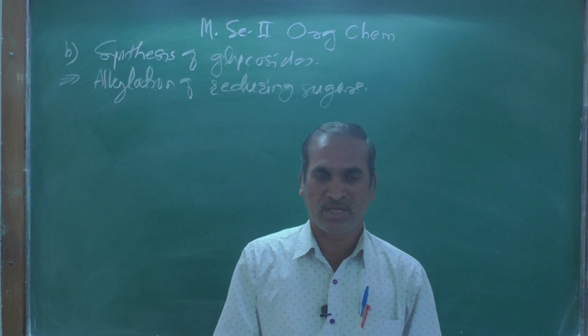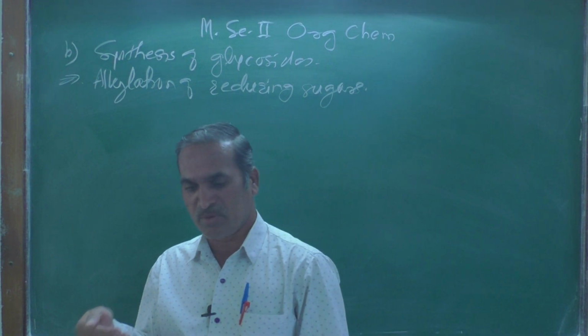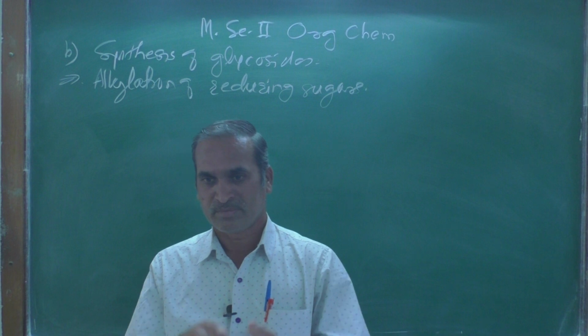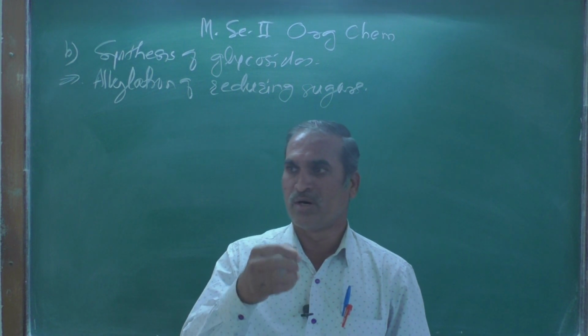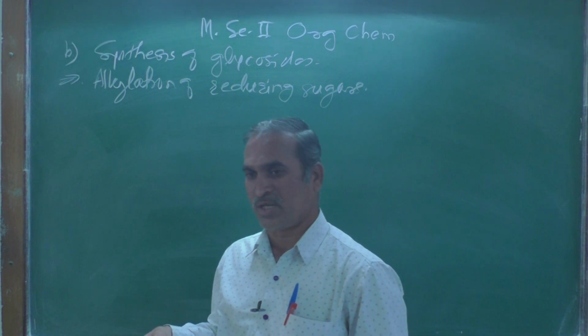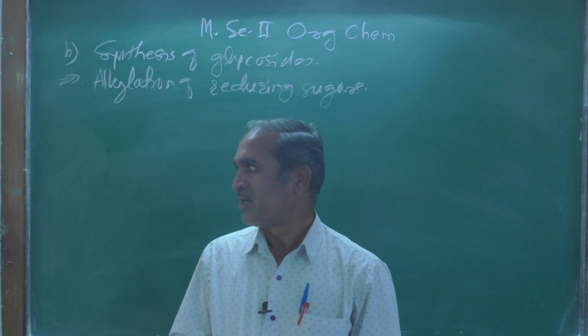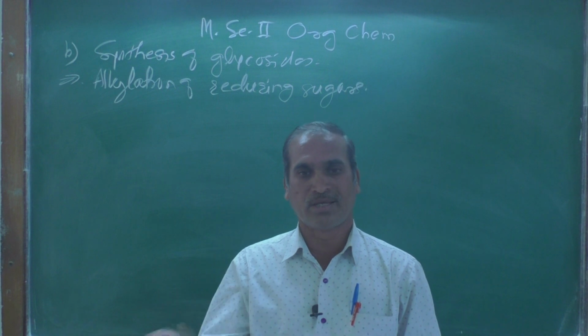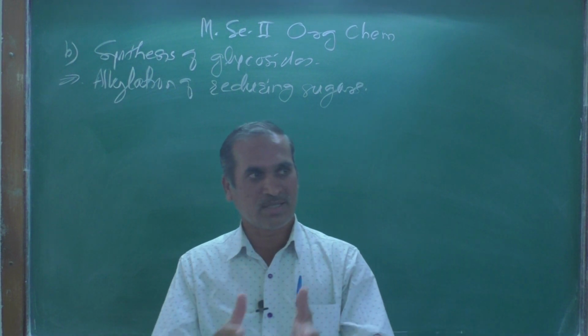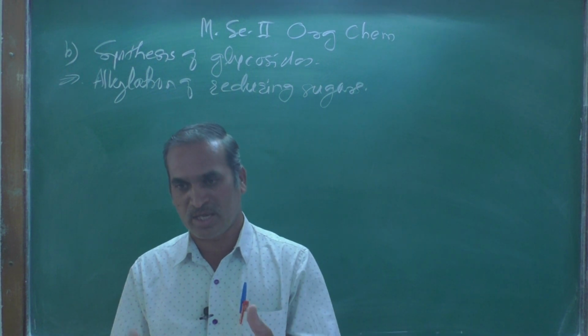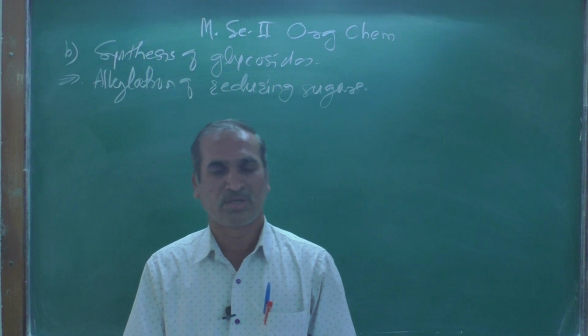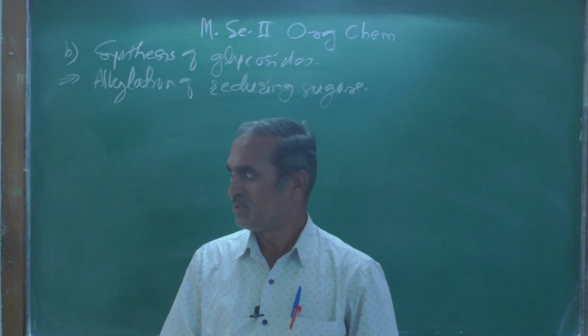As we know how glycosidic bonds are formed, utilizing one of the anomeric hydroxyl groups and the other hydroxyl group of the other unit, there is elimination of a water molecule, and the resulting compound obtained is known as maltose.